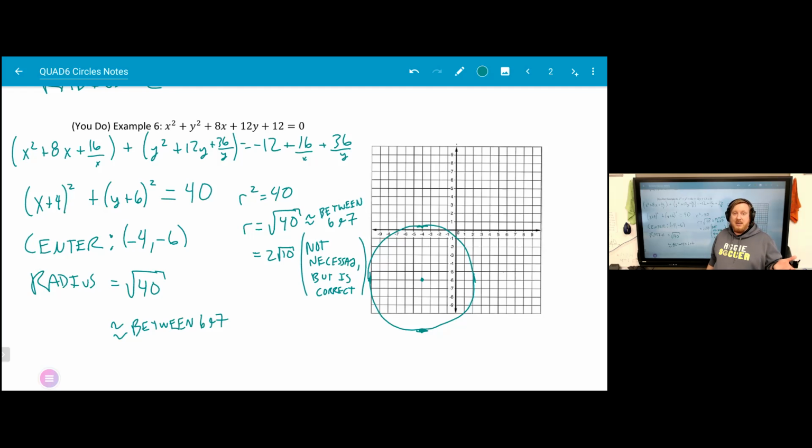So when I draw my radius, I go a little more than 6 units in each direction, and I do my best at sketching. Now, some of you may have wanted to simplify the square root of 40. We know that's 4 times 10, so square root of 4 times square root of 10, or 2 root 10. That's okay. You don't have to do that in this case.